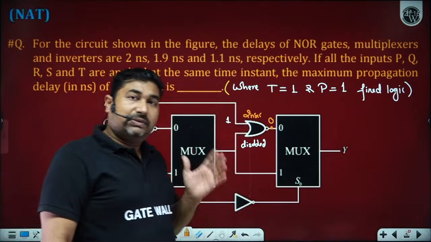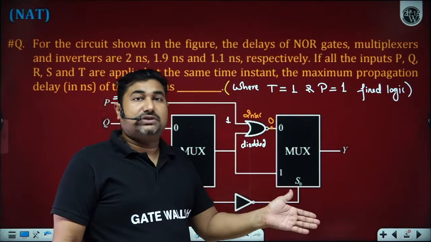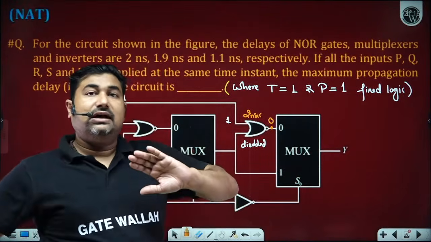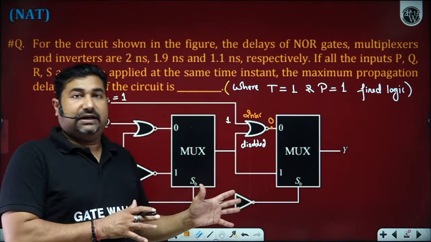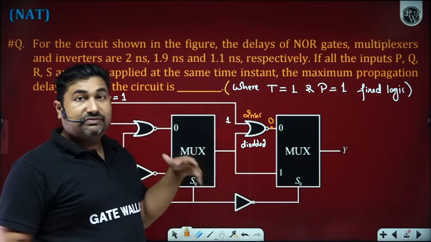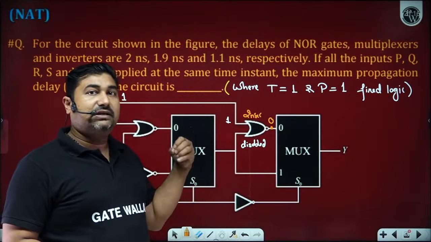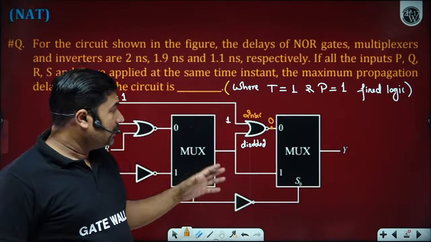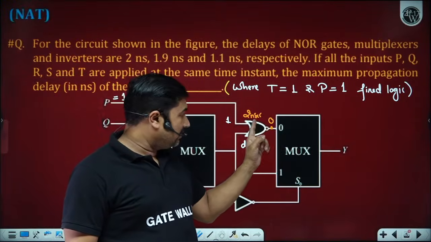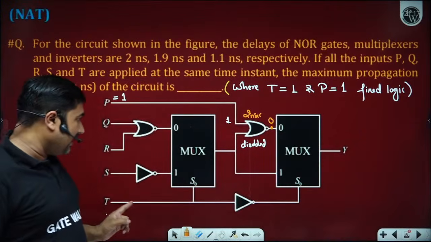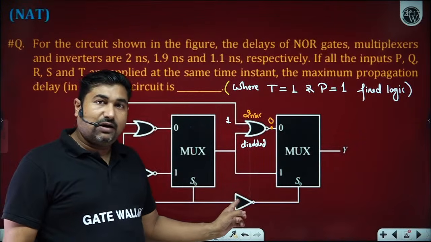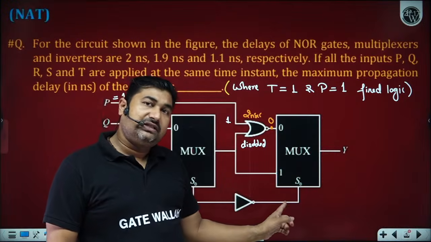Is it okay? But at time t equals 0, which means when all the inputs are changed, all the inputs are applied, if the initial state is not given, and they are saying when all the inputs are applied, it will take 2 nanoseconds to get the output 0, and then we have this T already 1.1 nanosecond, which is within this 2 nanoseconds.